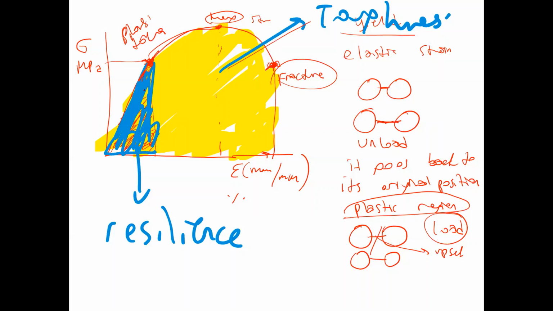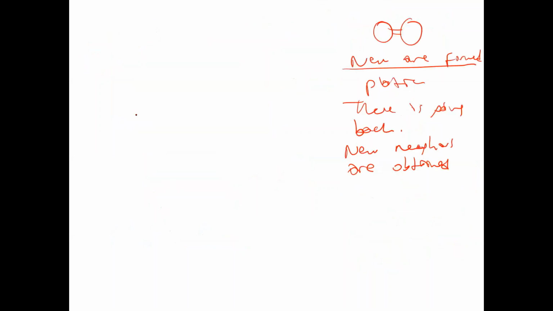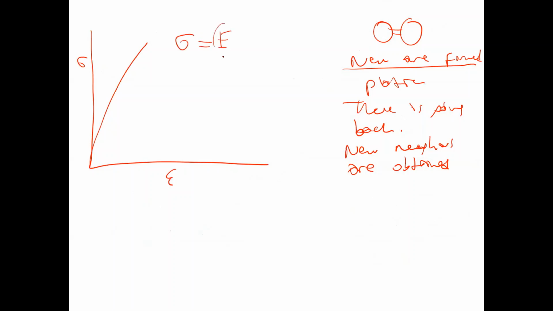This is toughness, and this one is resilience. Okay, what happens up to this? This is stress, and stress is equal to, what is it? Elastic modulus. Modulus of elasticity, right?